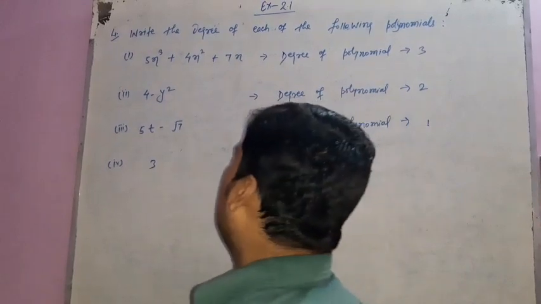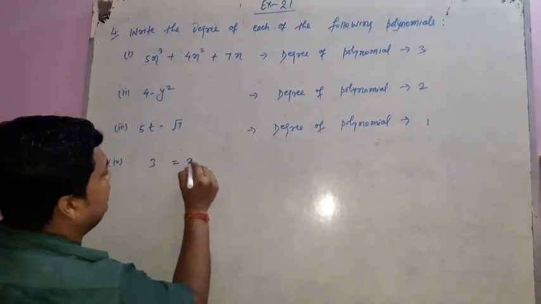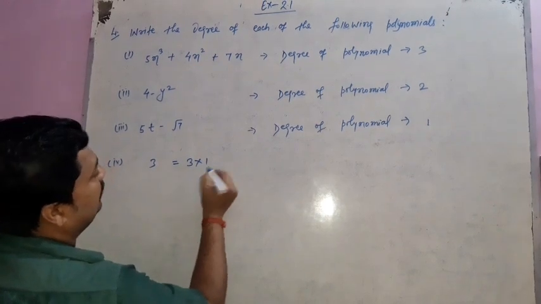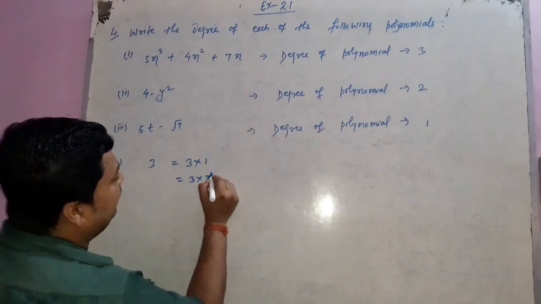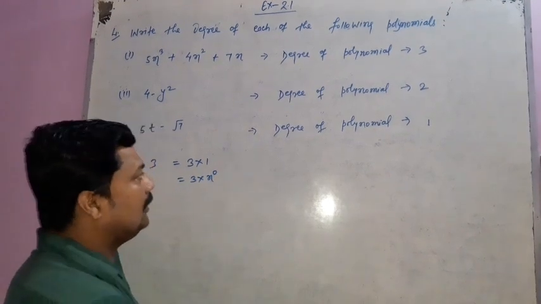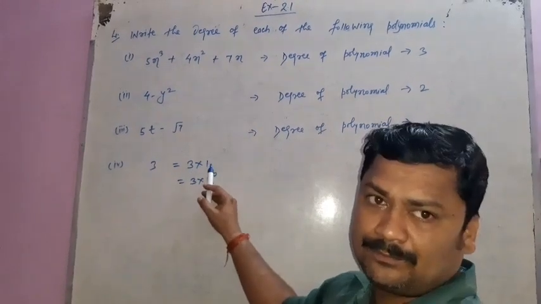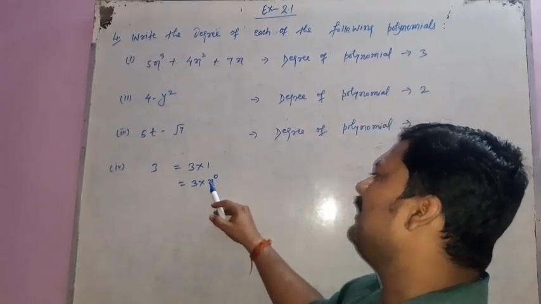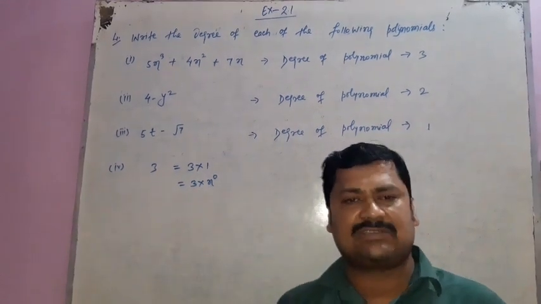And the last one, we can also write this number like this, 3 into 1, and 3 into 1 is equal to 3. We can also write it with any variable with degree 0. So we can write 3 as 3 into 1, and what is 1?